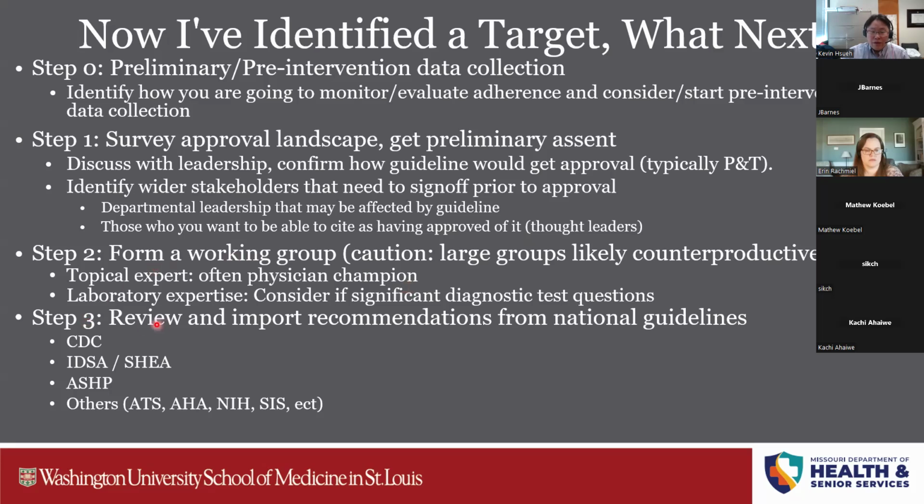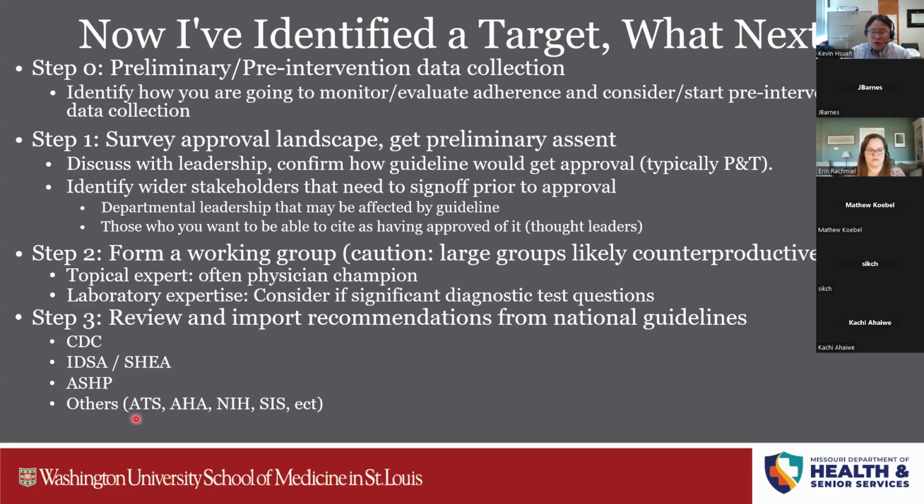Once you do that, then you review and import recommendations from national guidelines. Generally, things from the CDC and the Infectious Diseases Society of America tend to be pretty good for infection-related treatment. The American Society of Health-System Pharmacists is also a really good resource, but there are a lot of others based on what the topic is.